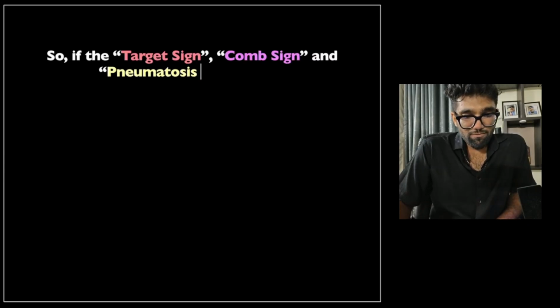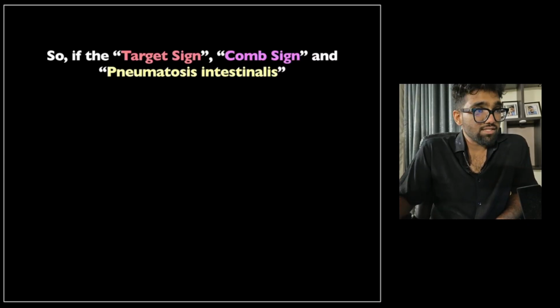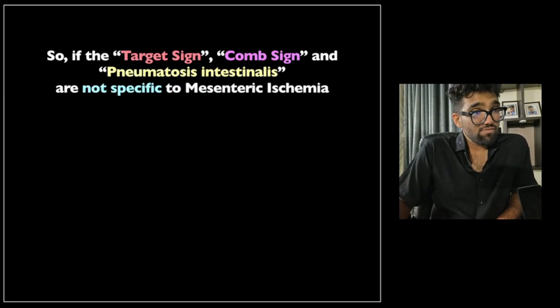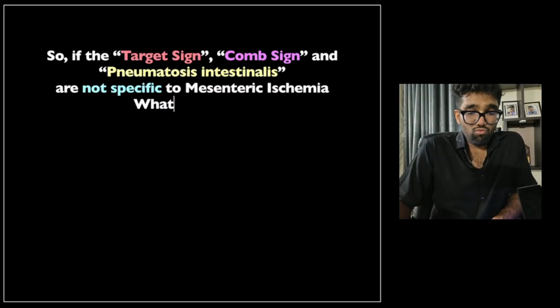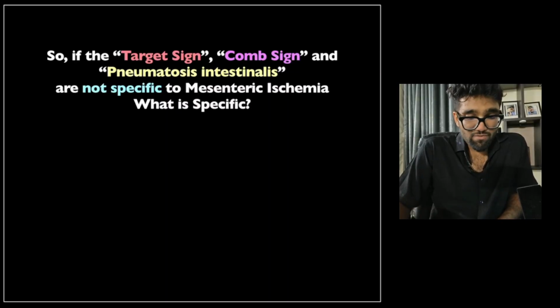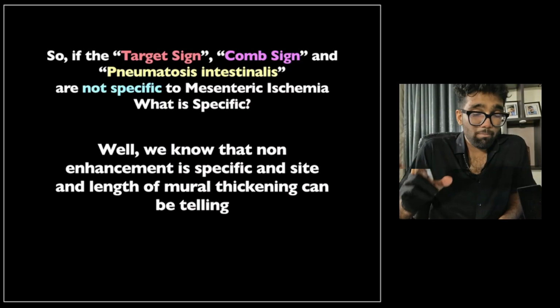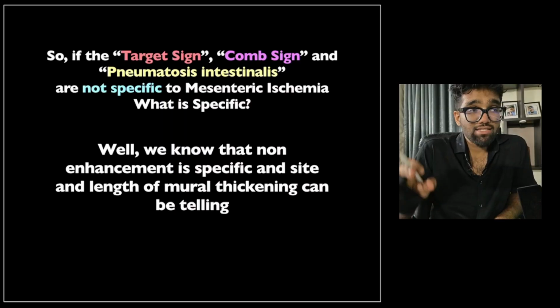Okay, so if we have these target sign, comb sign, and pneumatosis intestinalis that are not specific to mesenteric ischemia, as in they can occur in other situations as well, what are the specific findings that indicate mesenteric ischemia? Okay, so we know already, and this is the first thing that I said, that non-enhancement of a part of the bowel wall as compared to the surrounding bowel wall indicates that the contrast is not going to that area.